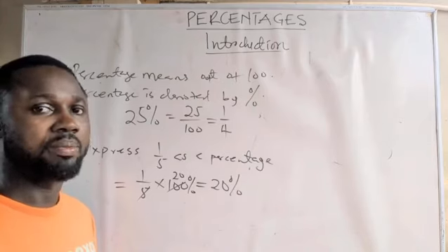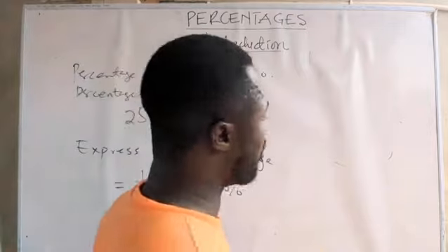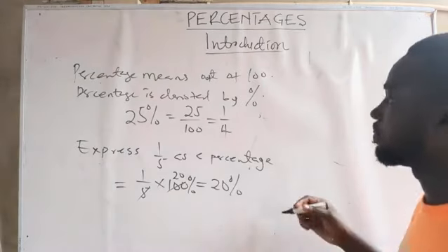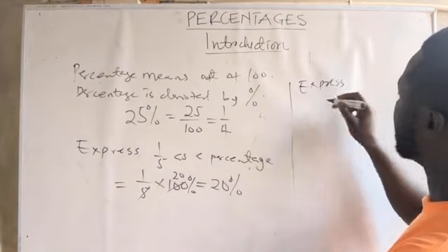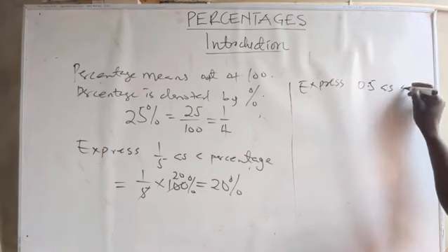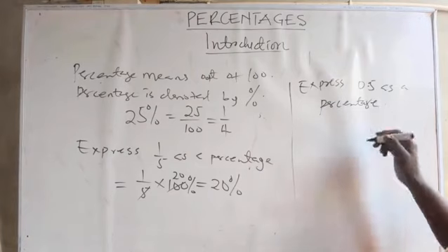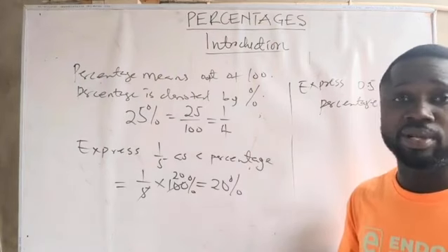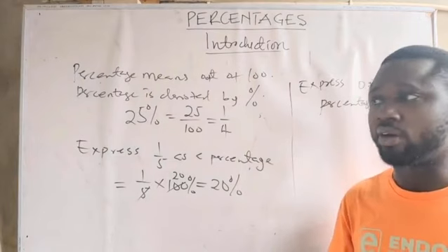So 1 over 5 in terms of percentage is 20%. Sometimes you may be given a decimal and you are asked to express the decimal in terms of percentage. So let's look at this question. Express 0.5 as a percentage. If you're expressing a decimal as a percentage, what you have to do is take the decimal value and multiply by 100.